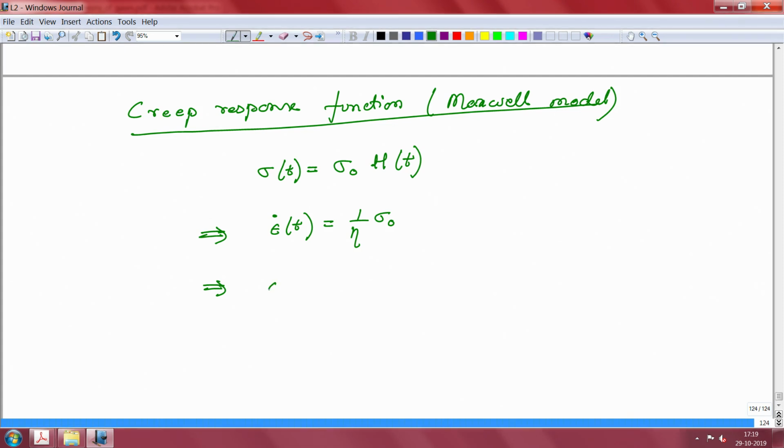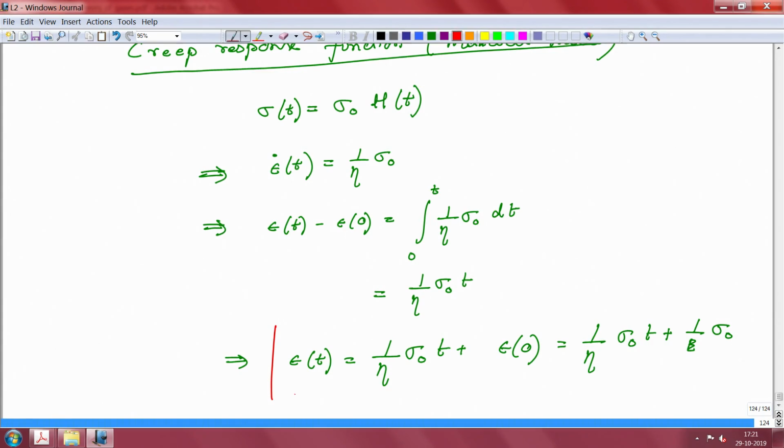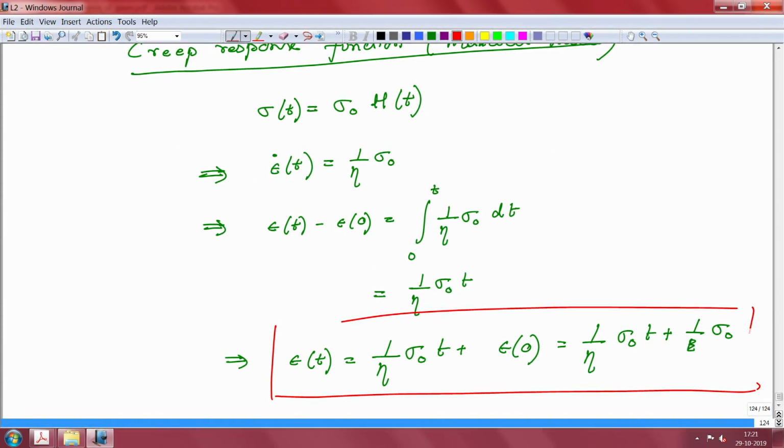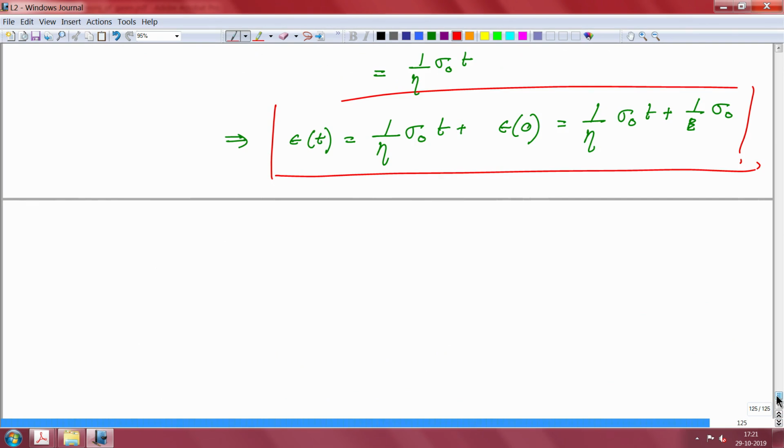So, if you take this quantity and then you integrate this, you will have the final solution, and we can see that the creep function is actually linear in nature, right. Okay.